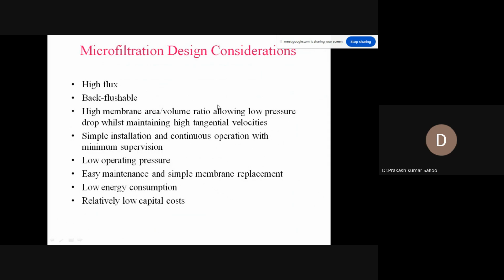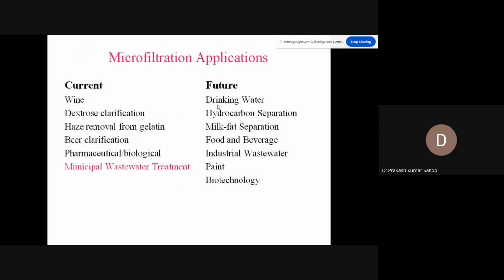So these are some considerations of our microfiltration. It has high flux, back flushing possible, high membrane area to volume ratio, simple installation and continuous operation, low operating pressure, easy maintenance and simple membrane replacement, low energy consumption and relatively low capital cost.